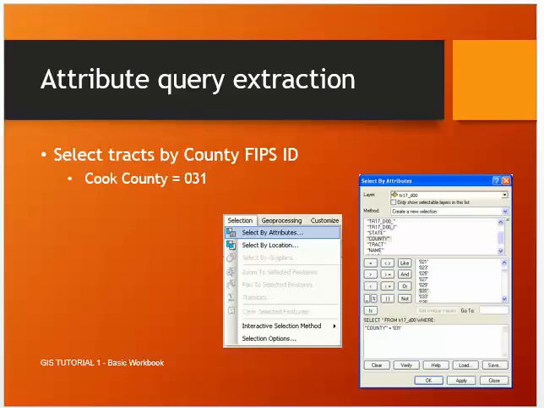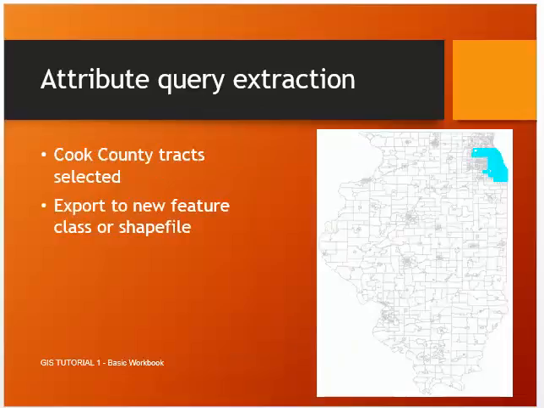The tracts for Cook County, which in Illinois happens to have a FIPS code of 031. So we build our query, county equals 031, and then we hit OK, and then we can see the results in our maps. Only those tracts for Cook County are selected.